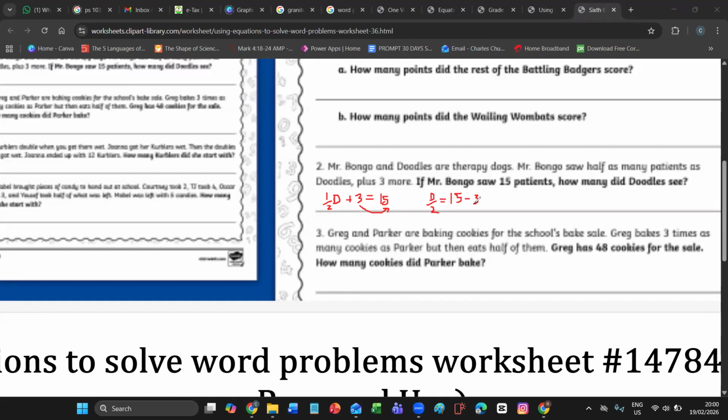And 15 minus 3 is 12. So that means that D over 2 is equal to 12. So what are we going to do to both sides to find D? We are going to multiply by 2. Exactly.